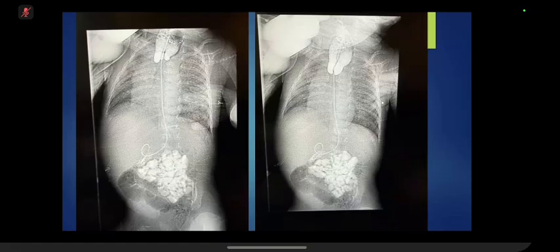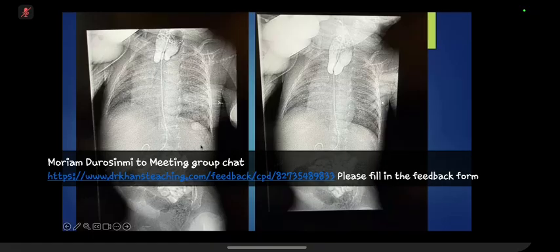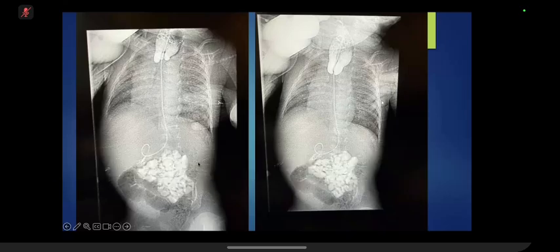Where is the stomach? I just see the small bowel. The nasogastric tube is a little bit ahead of the stomach. That means it might not be opacified by contrast.